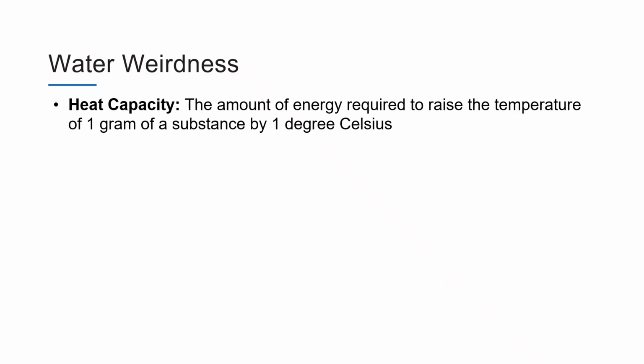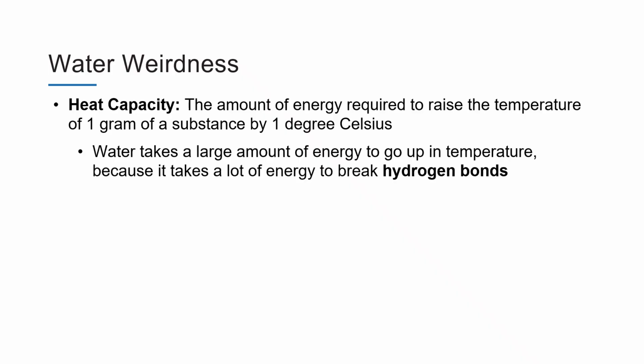And we can also see these properties in action through water's high heat capacity, which means the amount of energy required to raise the temperature of a substance. So to raise temperature, you have to get its molecules moving quickly. But because water has those hydrogen bonds keeping the molecules together, water takes a large amount of energy to heat up.